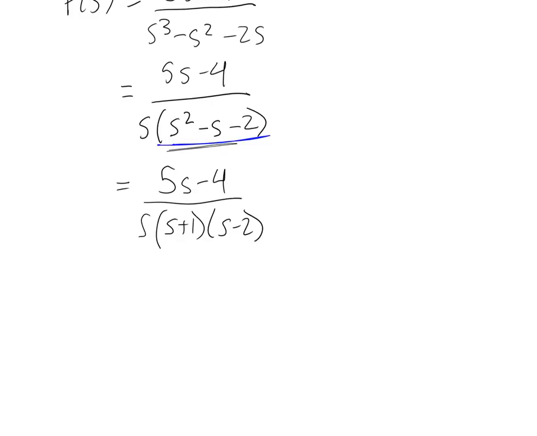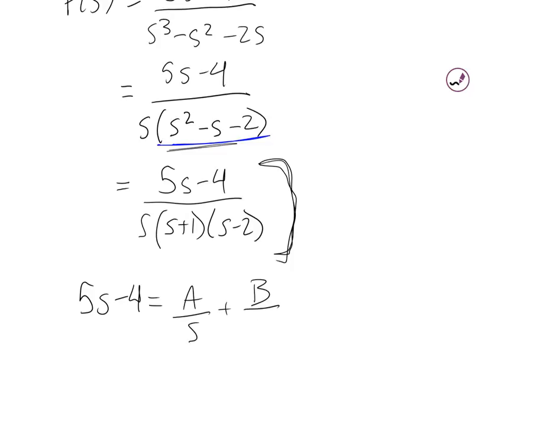Next, because we still don't have this in Laplace transforms that we know, I went ahead and did partial fractions. So I got it into the form of (5s minus 4) over s(s plus 1)(s minus 2) equals A over s plus B over (s plus 1) plus C over (s minus 2).